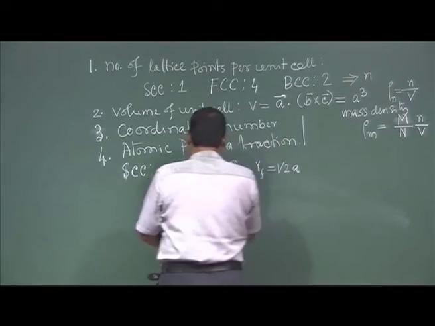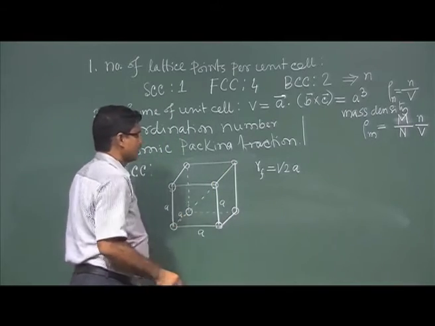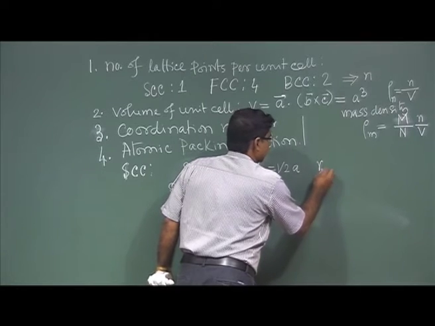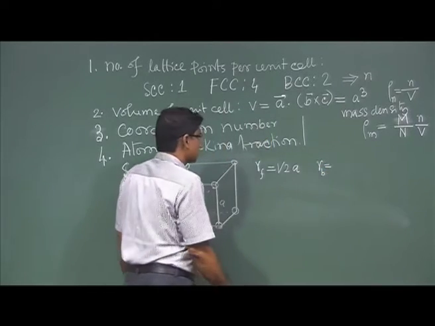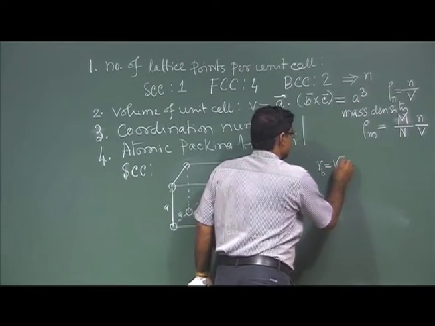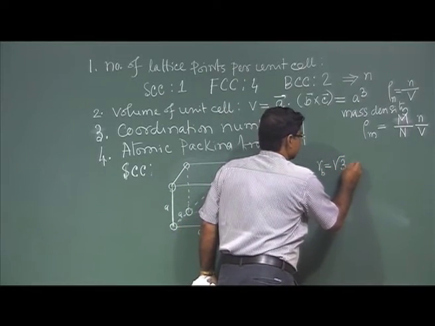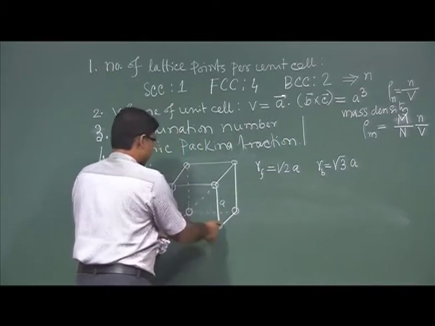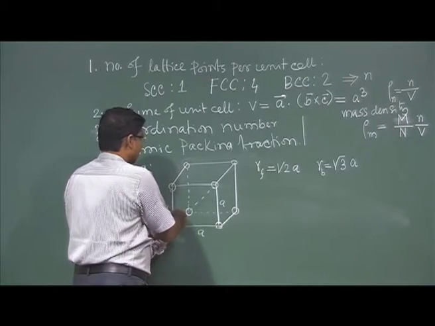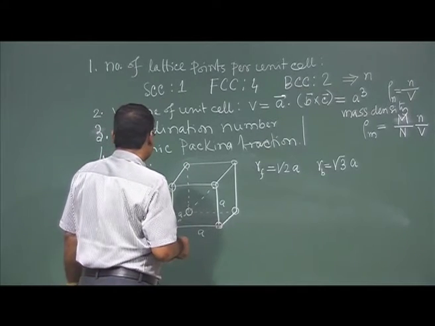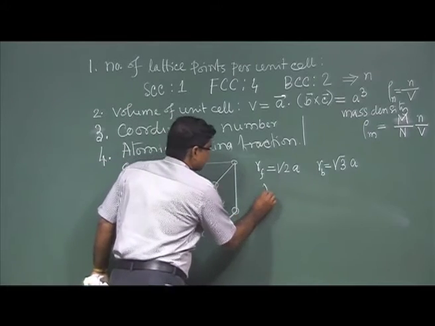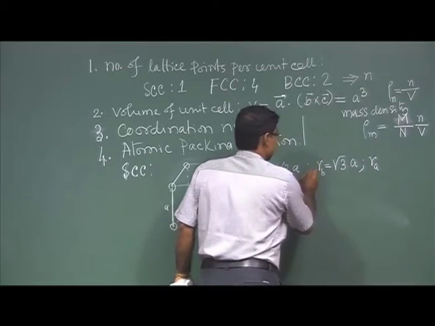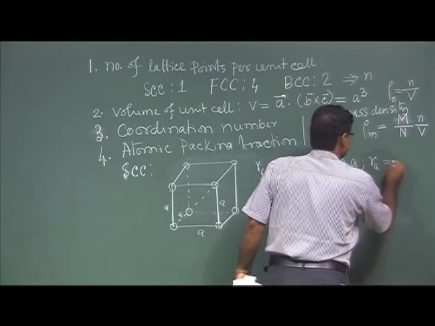One can calculate and show that it is R B, body diagonal, square root of 3 a. Whereas the distance between two atoms along any axis, say R A, will be a.